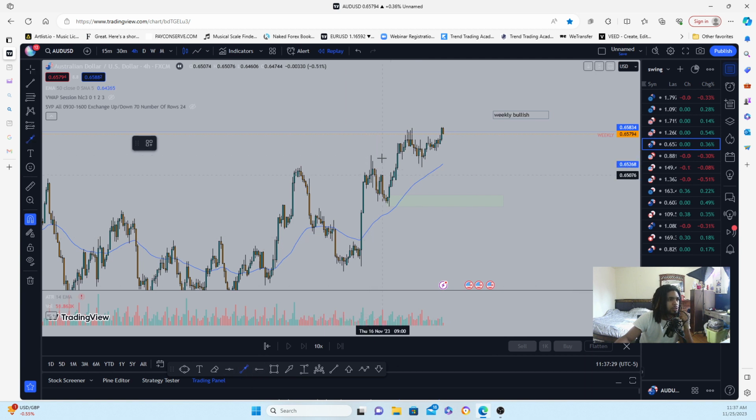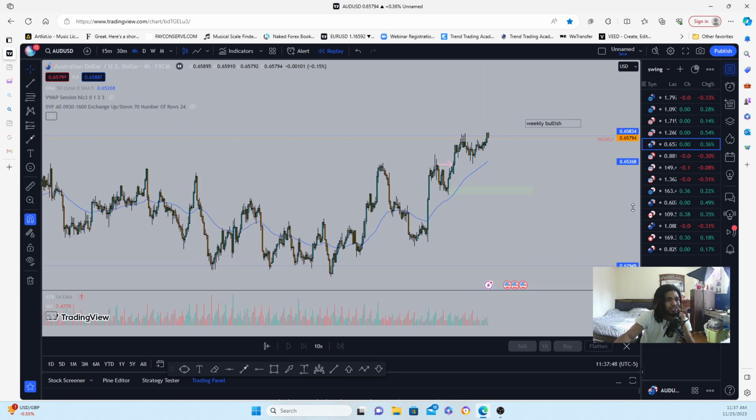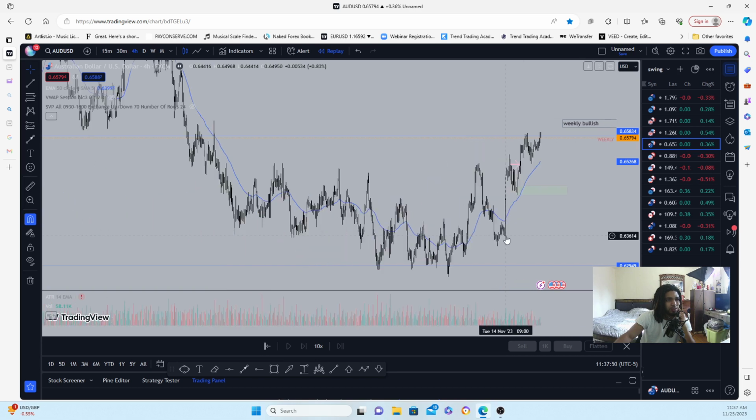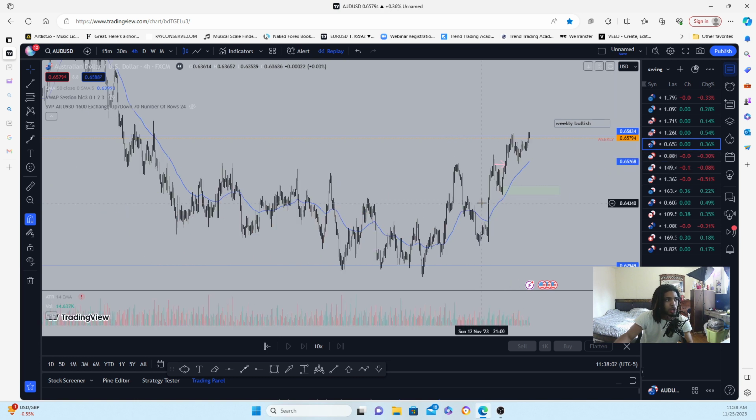That last break of structure right here. Boom. And we'll see what happens when price gets back to this area. But it's kind of ranging, so we'll see. We got to see some nice bullish pressure once it taps, if it taps. Okay, so we're just gonna leave that right there.